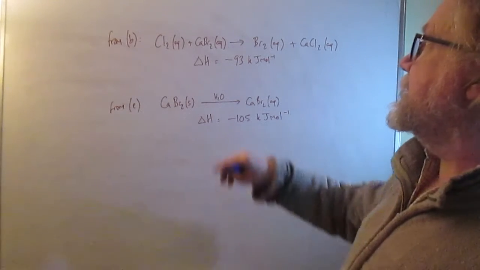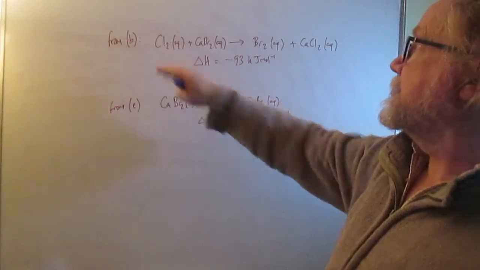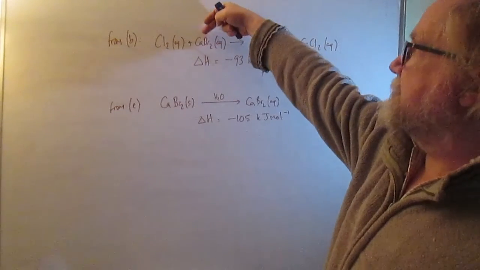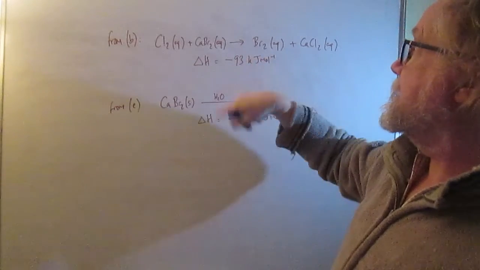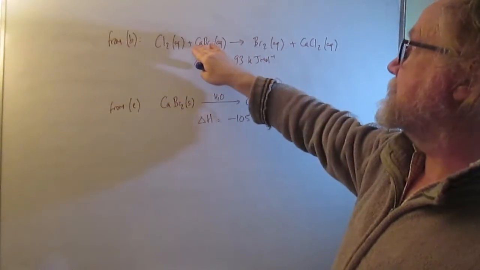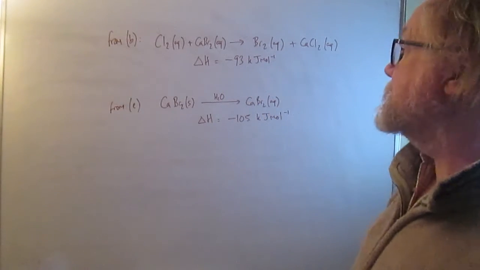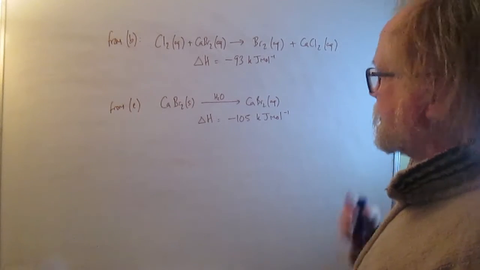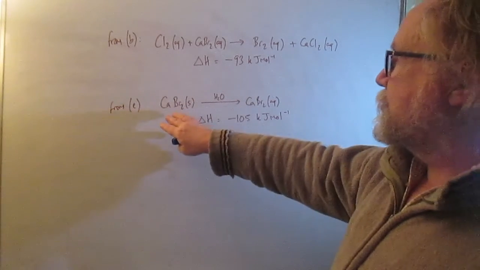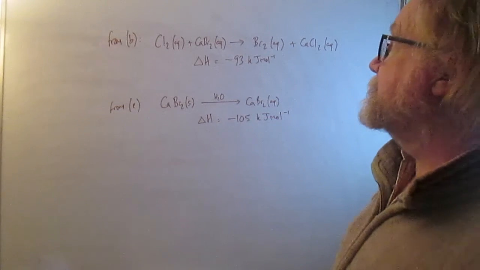So for part F, we have to bring together these 2 enthalpy changes that we've now calculated. So in part B, we calculated the enthalpy change when aqueous calcium bromide reacted with chlorine. I've written it now as a full equation rather than an ionic equation, but remember it's the same thing. It's just that the calcium ions weren't actually involved in the reaction, but that's the correct full equation. And then from part E, we've got a different change, which is what does it take to go from solid calcium bromide to aqueous calcium bromide.